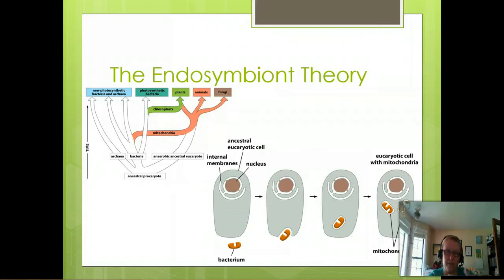And what we have here is an image that's depicting how this endosymbiont theory worked. So what we believe is that the eukaryotic cell at some point was this large predatory cell that then brought in the bacterium that was on its own just a mitochondria. And when it came into the cell, they started working in symbiosis to create this new cell with the mitochondria.